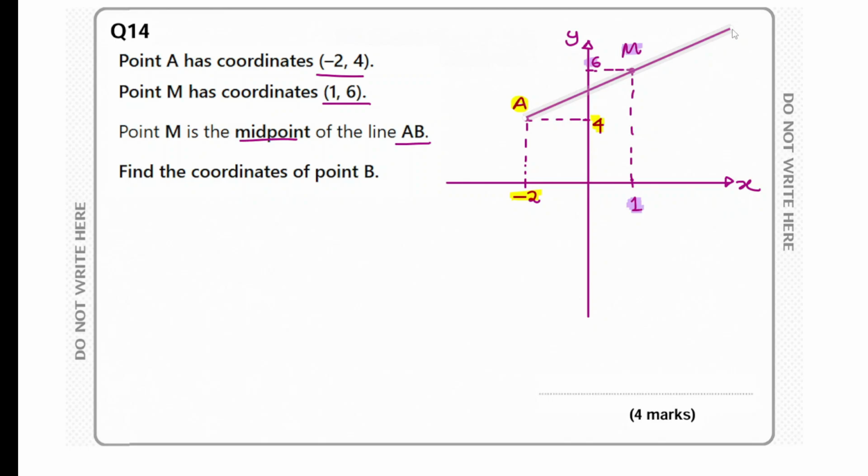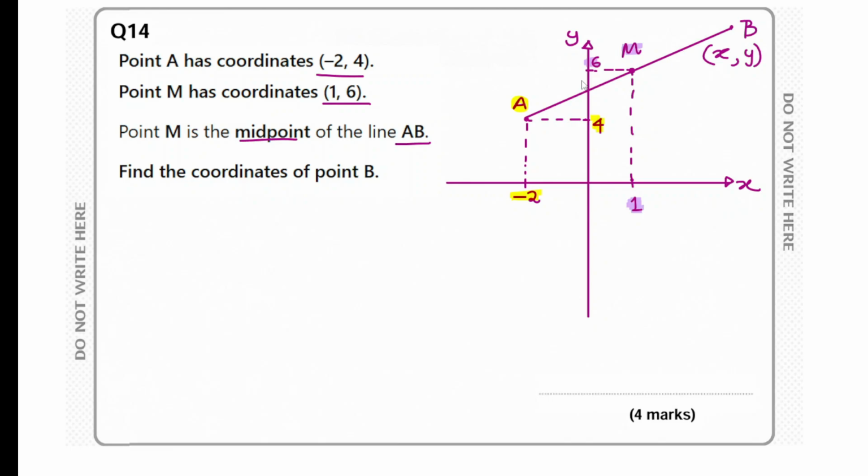Now the question is, find the coordinates of point B. We don't know the coordinates. Let's call the x coordinate of point B x and the y coordinate of point B y. To get the coordinates of the midpoint, all you need to do is add up the x coordinates and halve it.